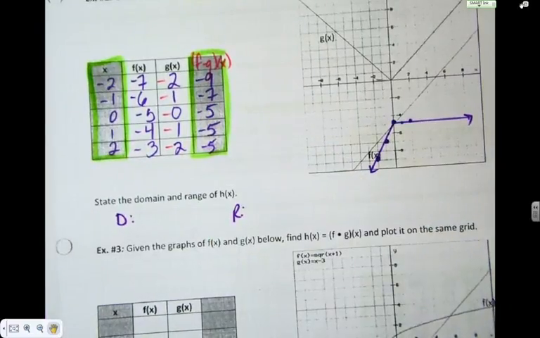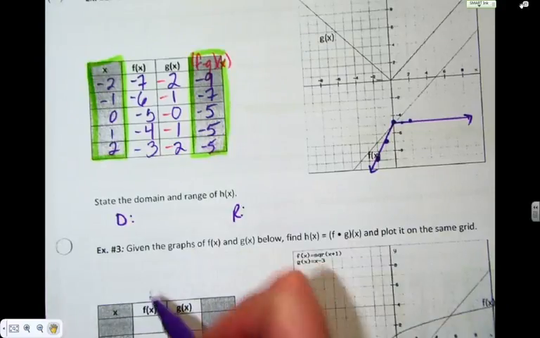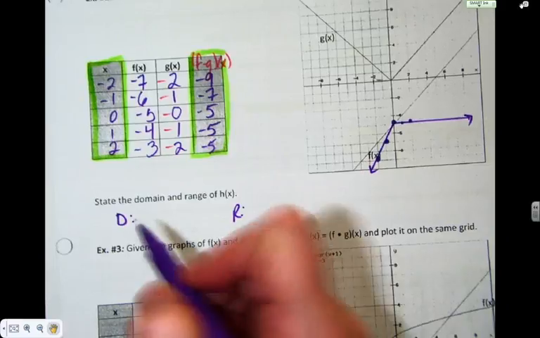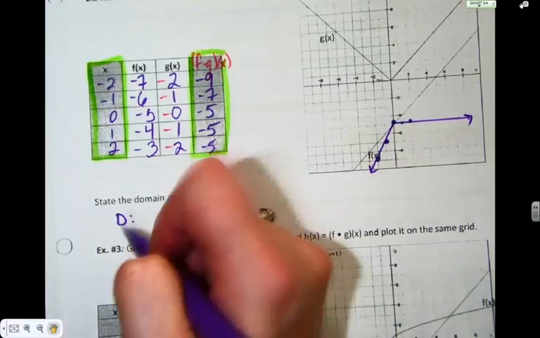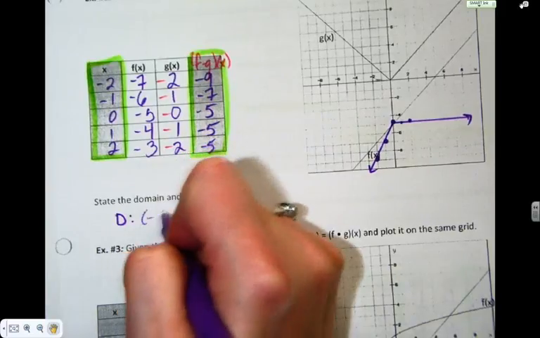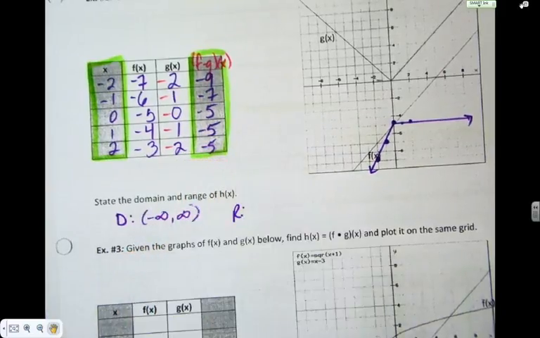Domain and range. Offer for domain? Confirm?